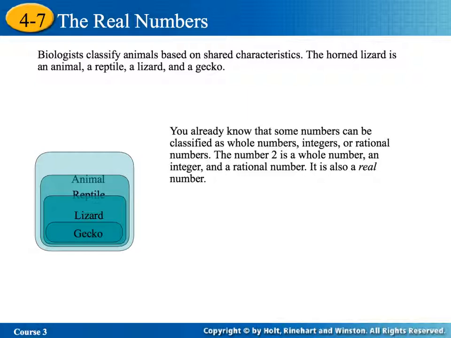It would be an animal, then a reptile. It's also a lizard and a gecko. So it would be animal, reptile, lizard, gecko. It would have different classifications. However, we know that it is going to be a horned lizard. Well, math has those same types of things. It has different classifications, and we're going to be talking about that today.